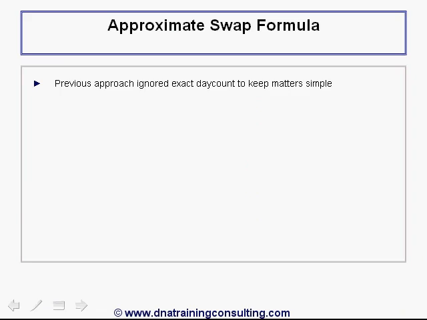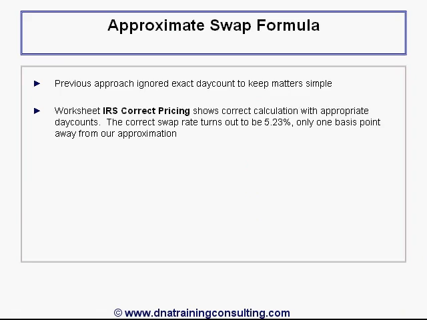Returning now to our slide on the approximate swap formula, we have found through worksheet IRS correct pricing that our approximation of 5.22% versus the correct swap rate, which turns out to be rounded to 2 decimals, 5.23%, was only 1 basis point away from each other.